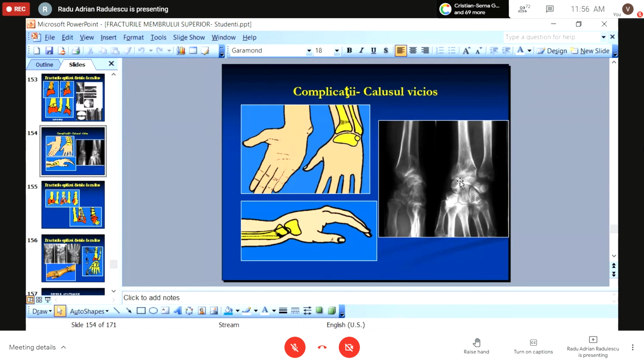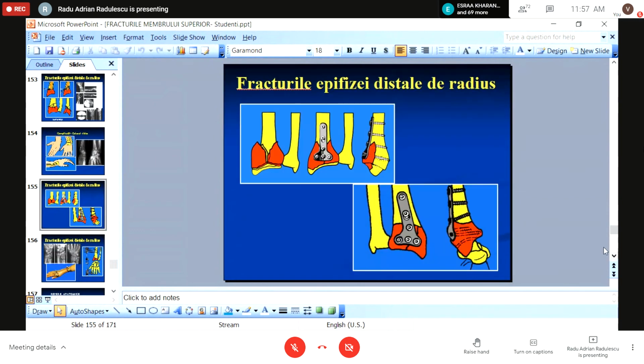You can see that the line in between them is horizontal, and the hand will be tilted in a radial position, which is not functional. This situation can be corrected only by surgery, of course, cutting the bone again, reorienting the distal epiphysis, and then fixing it with a plate and screws, like you can see here.